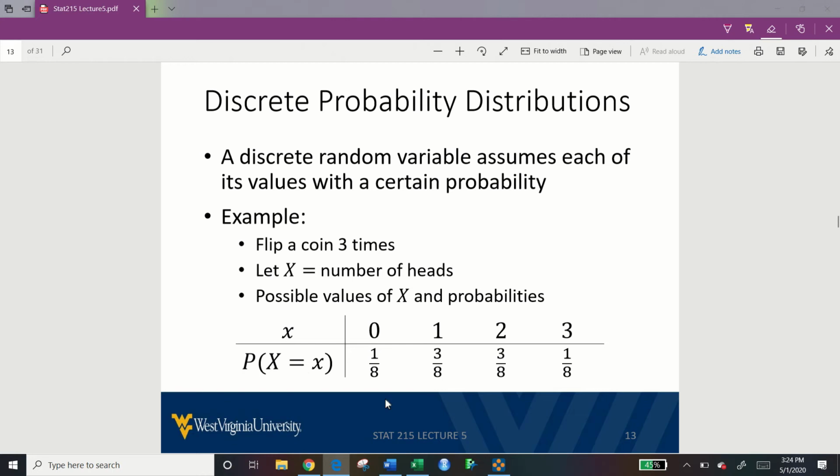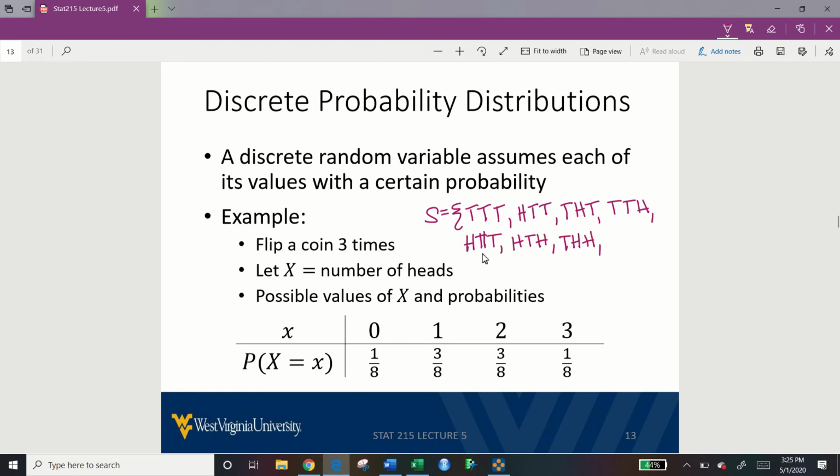Now, you can either think this through, or if you need to, you can write out your sample space. Since it doesn't take too long, let's do that now. We either have the situation where we have 3 tails, 1 head: head, tails, tails; tails, head, tails; or tails, tails, head. The situation where we have 2 heads: heads, heads, tails; heads, tails, heads; or tails, heads, heads.